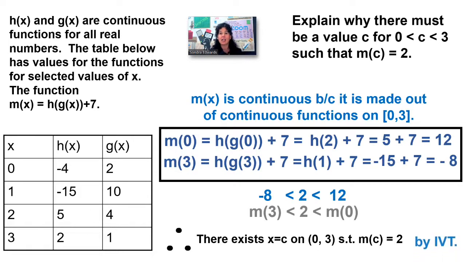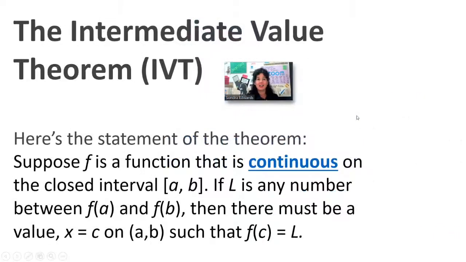So make sure you say by the intermediate value theorem. The formal definition of the intermediate value theorem, hopefully now we can talk through it and you'll understand what all this notation means. Before I do that though, I'm going to try to attach IVT to something because you're going to have a handful of theorems and you want to connect it to something.